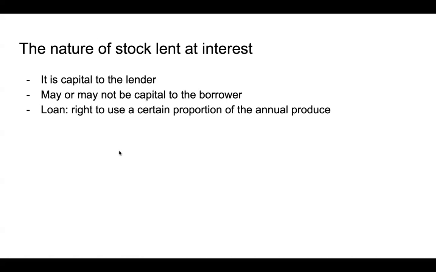And a loan, in essence, you can see it as a right, the right to use a certain proportion of the annual produce of the nation, right? And interest can be seen as the fee being paid to exercise this right, right?